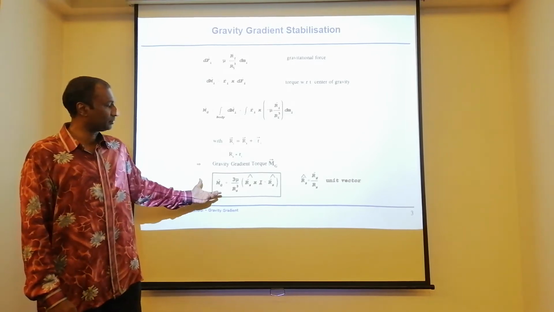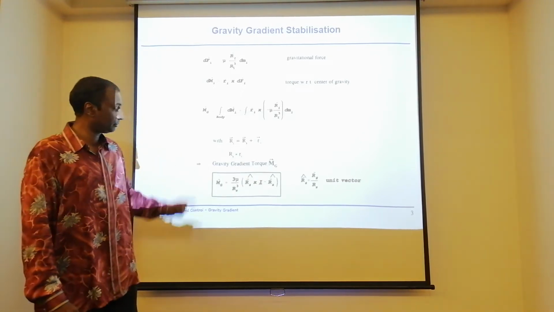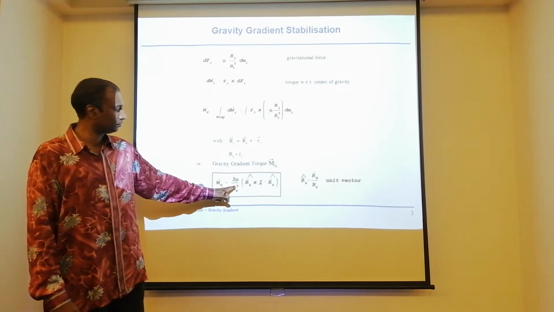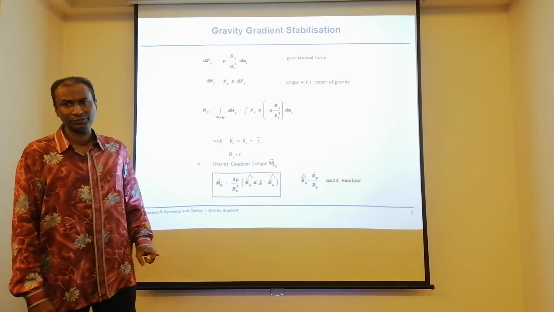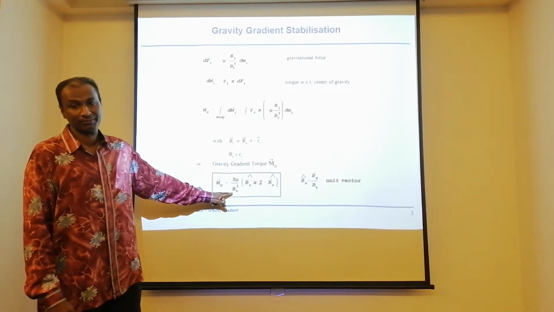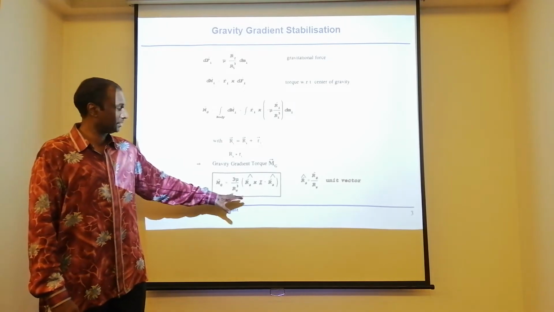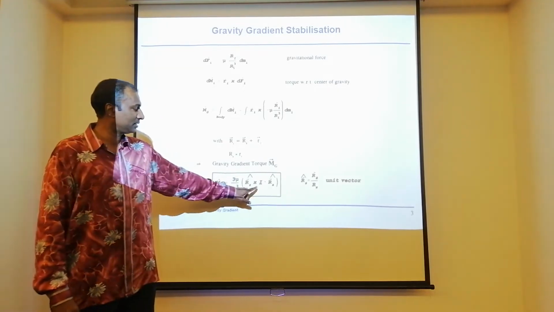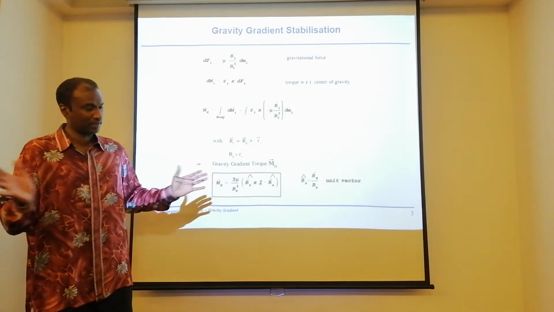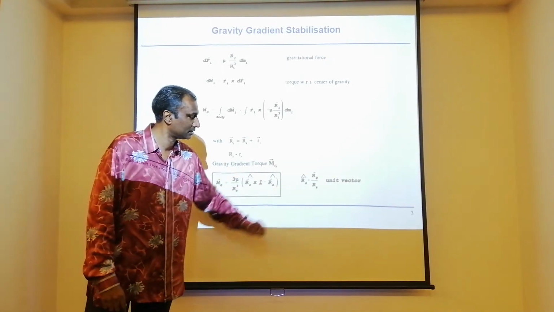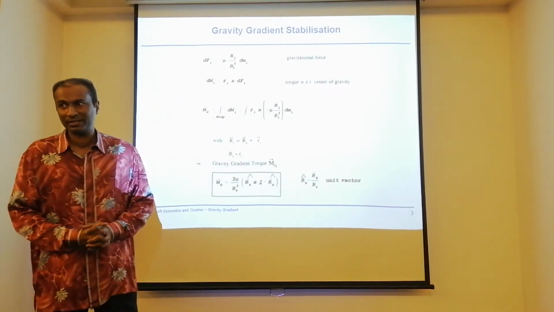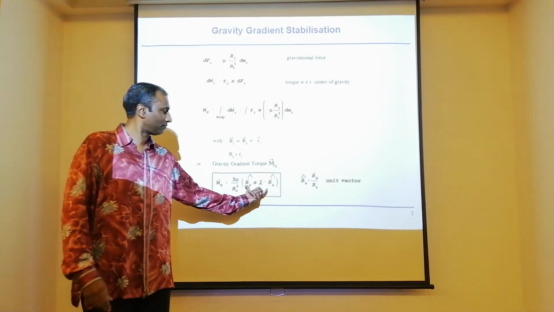The actual gravitational torque I define as mg, basically a vector, proportional to the gravitational constant, and very dependent also on the distance and the inertia. In this case, since R is so huge, I just said, fine, R hat is a unit vector. I define that and I write in this form.